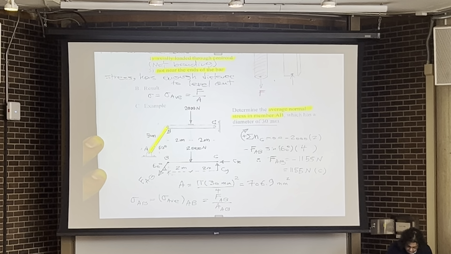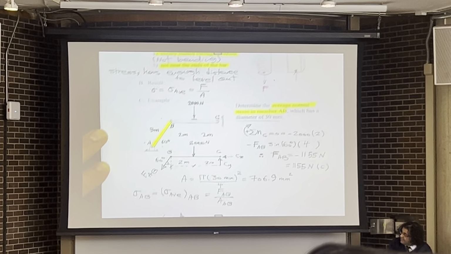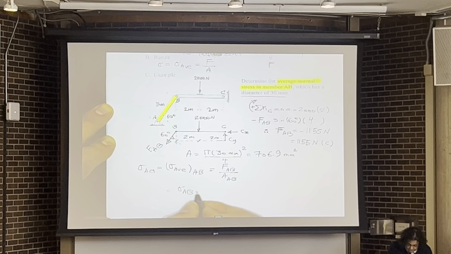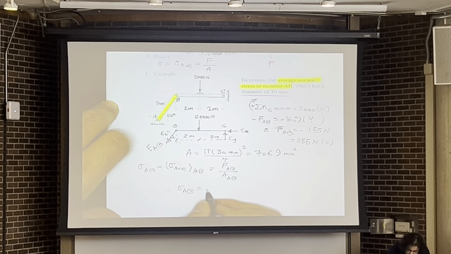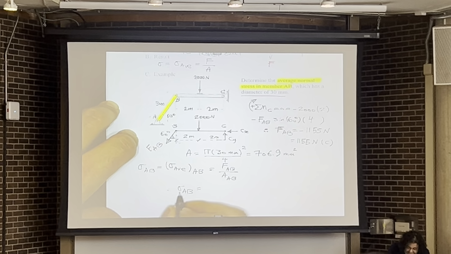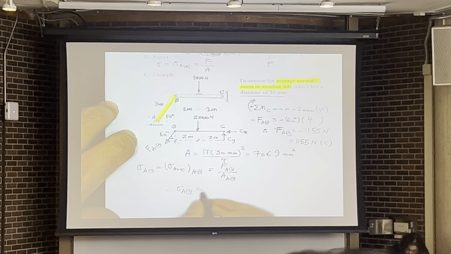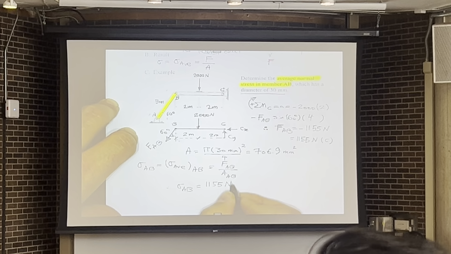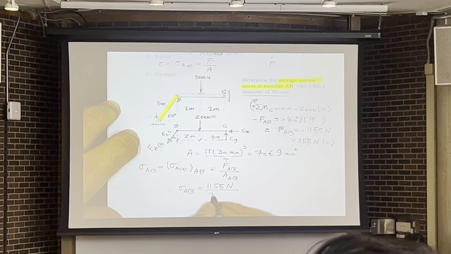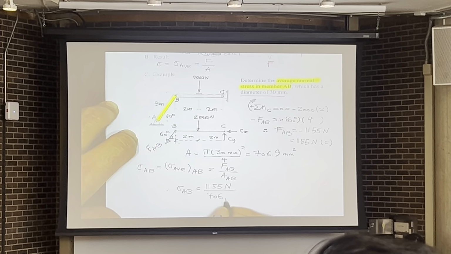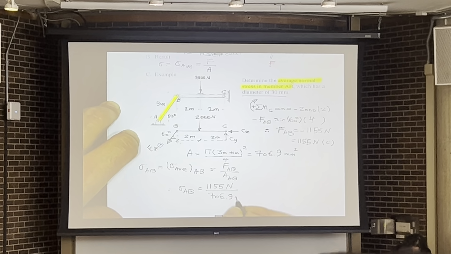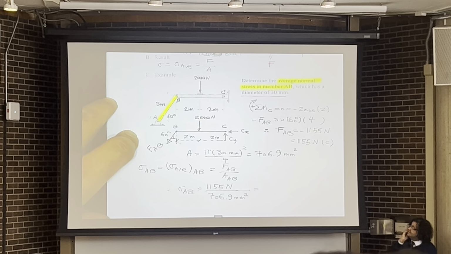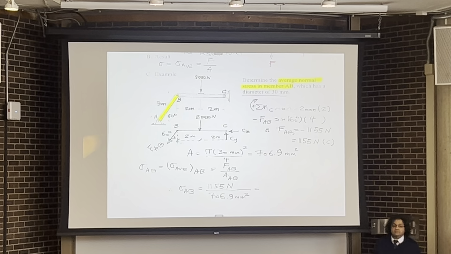From here, the normal stress in member AB, sigma AB, is 1,155 Newton divided by 706.9 millimeter squared. So can you guys calculate this?